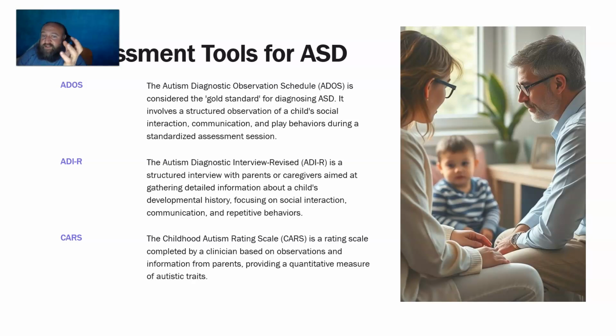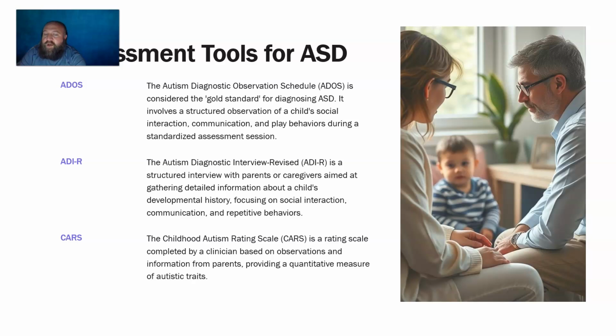It involves a clinician directly observing, interacting, testing the child directly. The other 2 main assessments are the ADI-R, which stands for Autism Diagnostic Interview Revised, and the CARS, or Childhood Autism Rating Scale. Both of these can be administered fairly young.